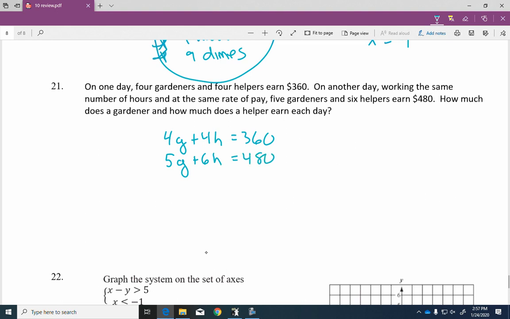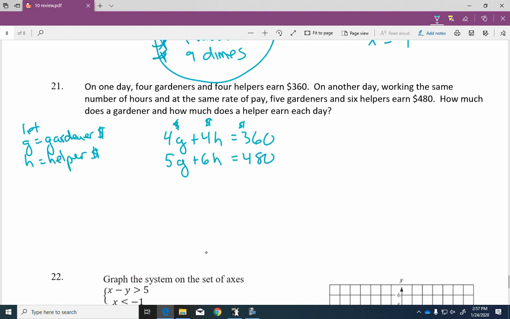So I just let G equal how much a gardener earns, and H was how much a helper earns. What they earn is money, so really the equation fits like what I had told you with the dimes and nickels and stuff. This is money, and this is money, and this is money, so it all makes sense.